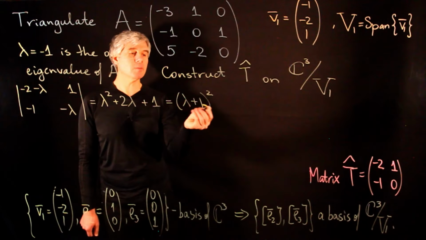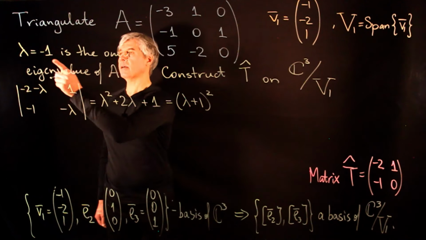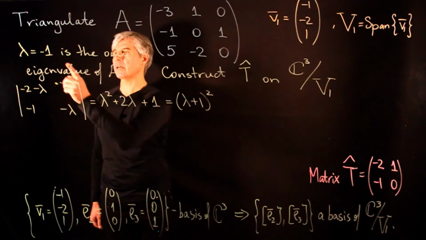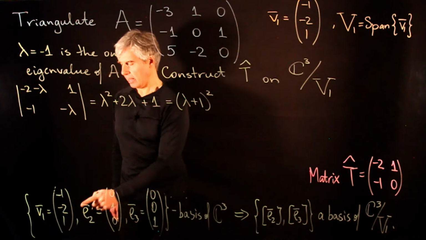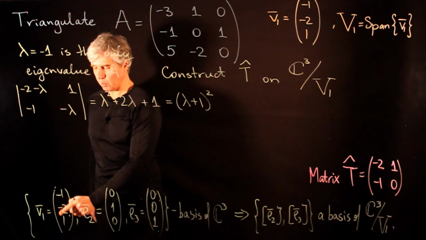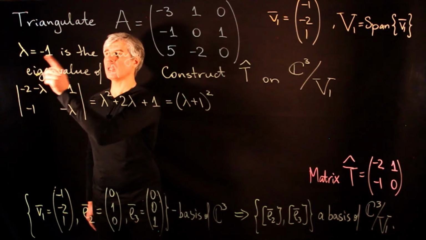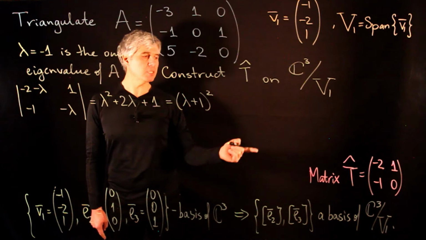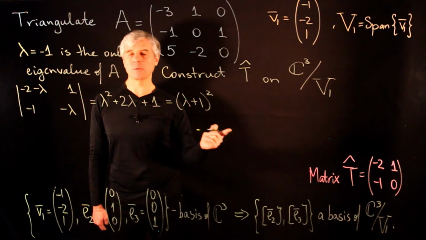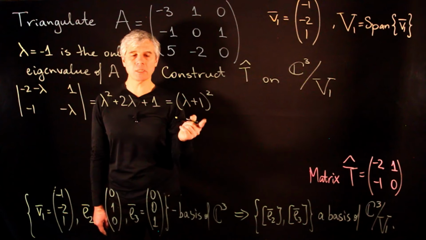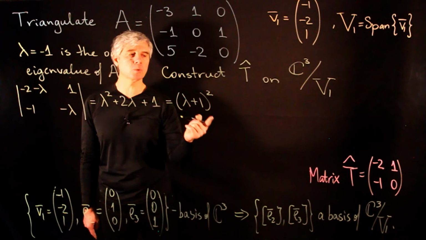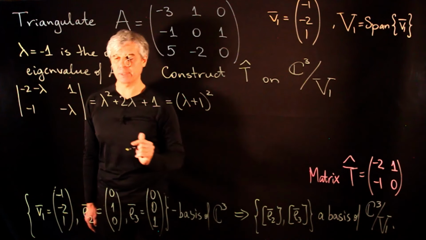And this actually can be predicted, because -1 was the eigenvalue of A with multiplicity 3, and we have chosen as V1 an eigenvector with lambda equals -1. Then the prediction is that in T hat we would get -1 as the root of the characteristic polynomial with multiplicity 2. And that's exactly what had happened.